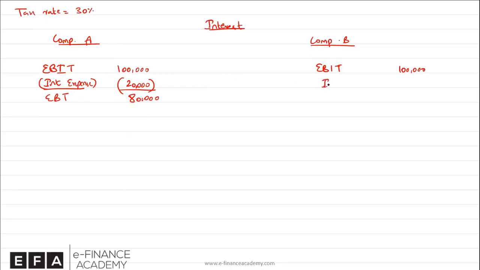In company B, since there is 0 interest, that gives us 100,000 profit before tax. And then we subtract the tax expense, which is 30% of 80,000. If we do the maths, it is around 24,000.